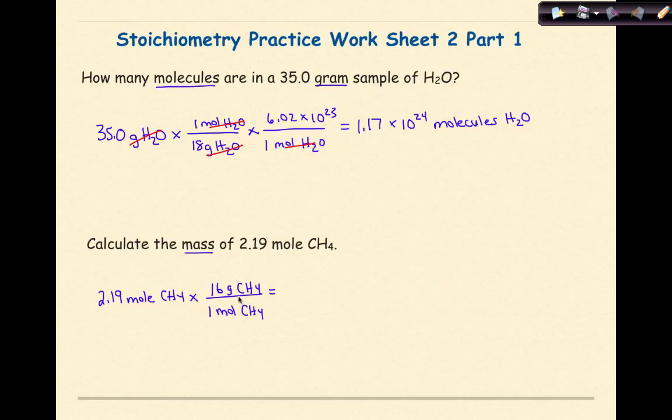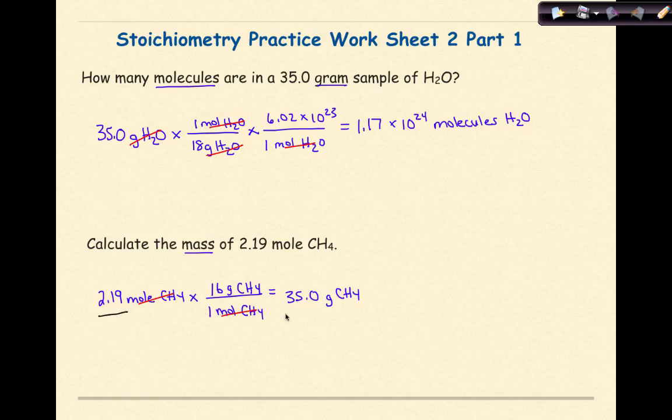I'm going to cross out my units to make sure I've set this up correctly. Moles cancel moles. So 2.19 times 16 gives me 35.0 grams of methane.